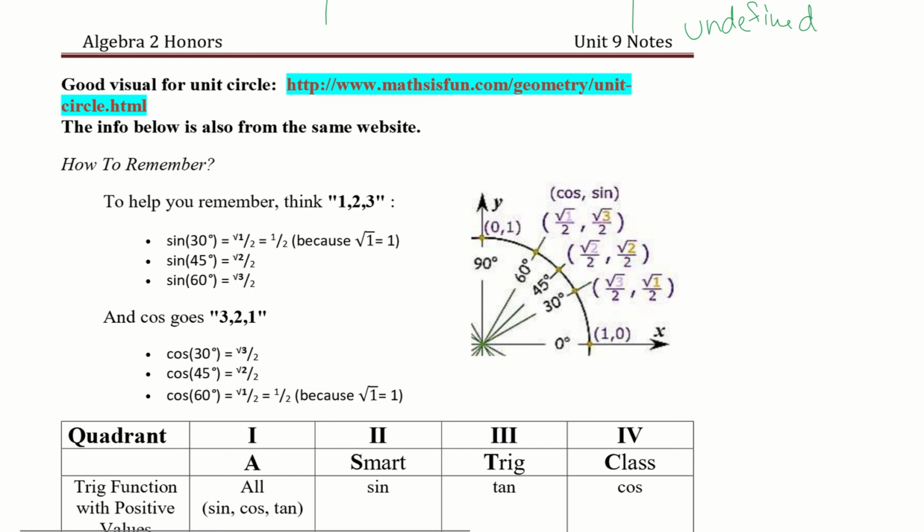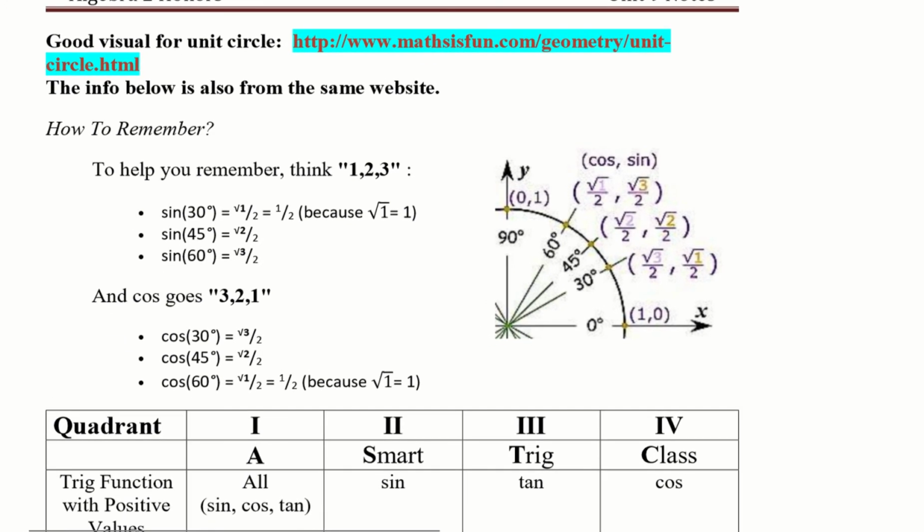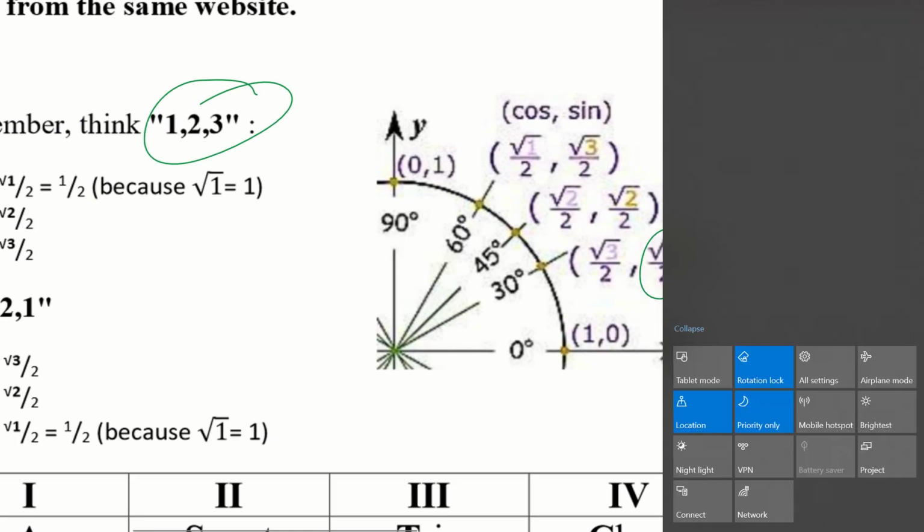But there's ways for us to remember them and help us start to memorize this unit circle so that we understand the pattern that's going on. So first, we want to think 1, 2, 3. So sine of 30 is the square root of 1 all over 2. So in other words, 1/2, because the square root of 1 is 1. So we've been writing this as 1/2, right?